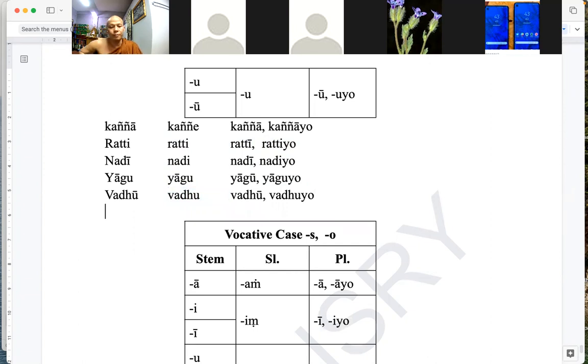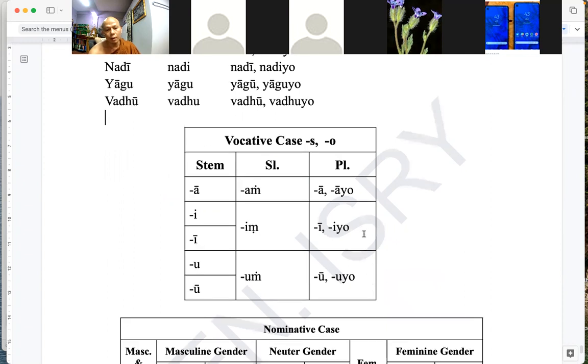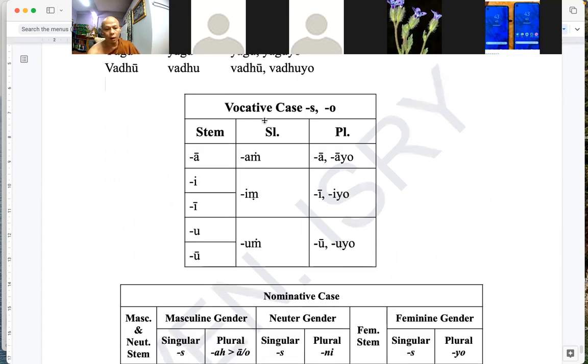And then that is accusative case. For the singular, the sign is am, as in masculine or neuter.